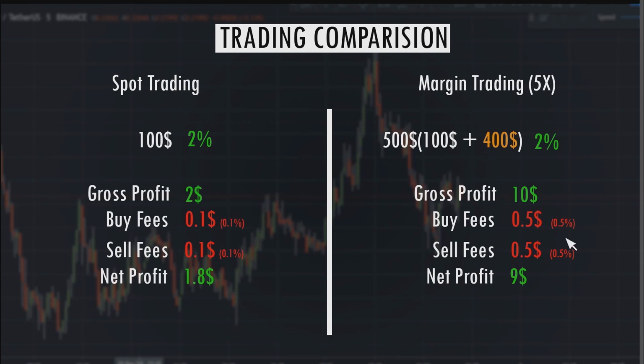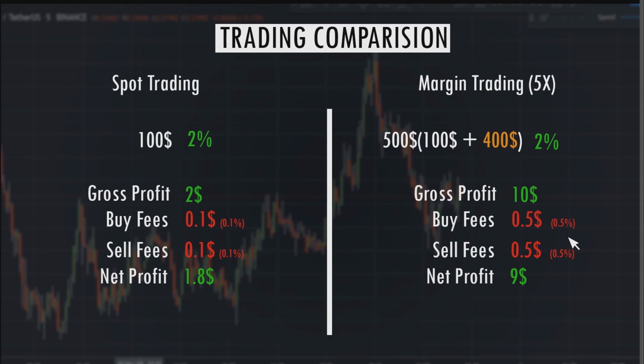Now, one thing to keep in mind is you're breaking even with spot trading at 0.2%. That means if you enter a trade and don't make more than 0.2%, you would lose money. Only when you make more than 0.2%, that's when you're profitable. But with margin trading at 5x leverage, if you don't make more than 1%, then you end up with a loss.